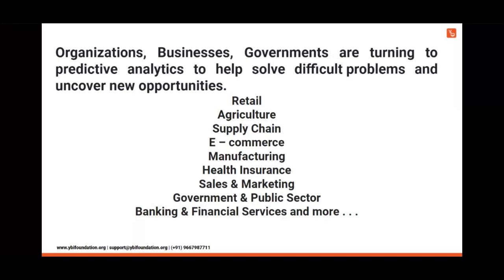Health and insurance: we have seen a lot in COVID time, and before that also, in predicting diseases and so on. Sales and marketing always has good use cases in terms of predicting sales, predicting revenue, predicting market share, predicting product failure or product success, right, and so on. Sales and marketing has good use cases, including digital marketing.